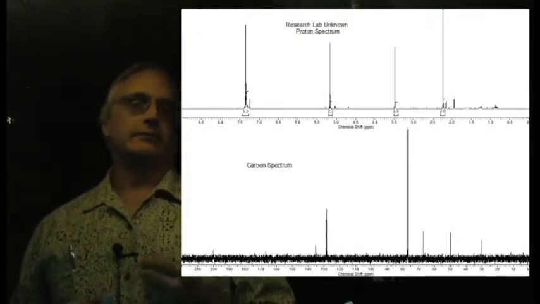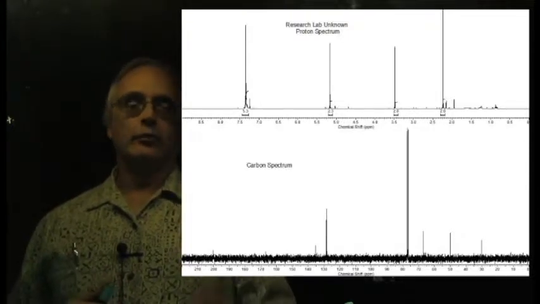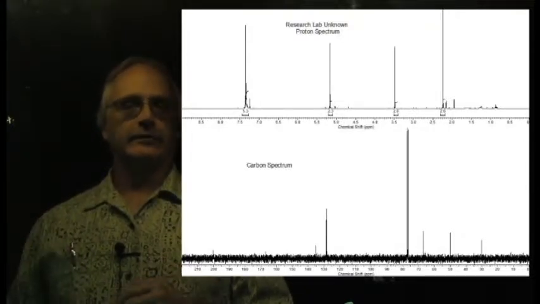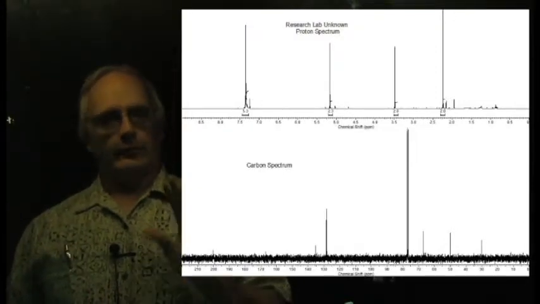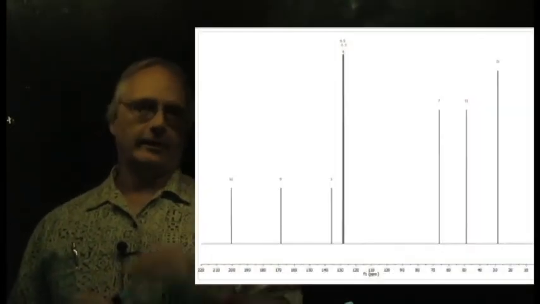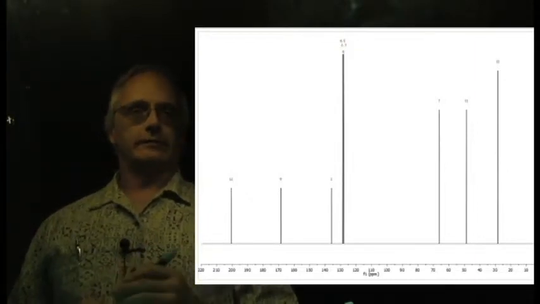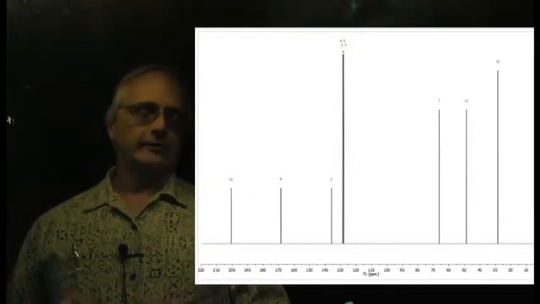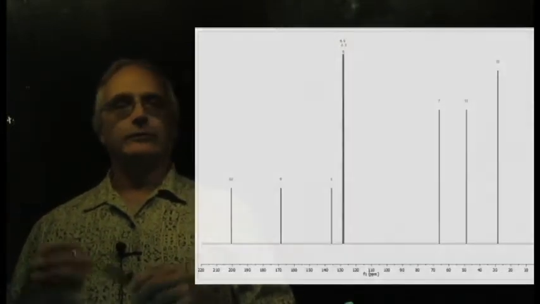That meant the carbon spectrum was very noisy. The students who took it could have used more scans to increase the signal to noise, but this is the spectrum we had. For our purposes in learning how to interpret, I went ahead and created a simulated carbon spectrum. That's the second one that you see in here, just to make it a little bit easier to look at and interpret, so some of the noise doesn't become distracting for the students here.